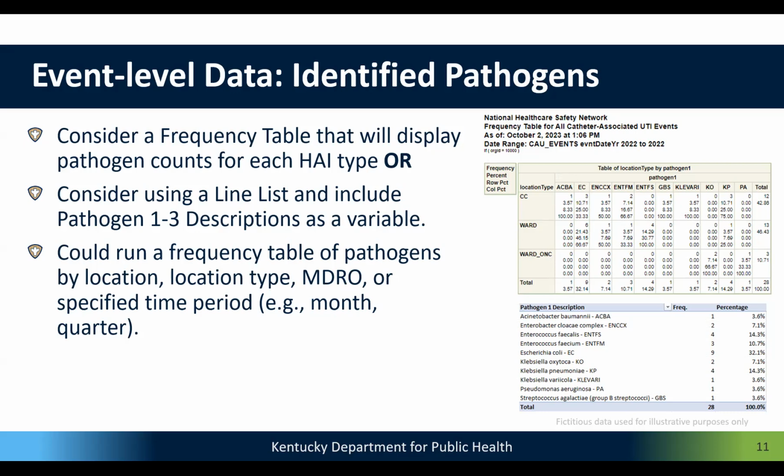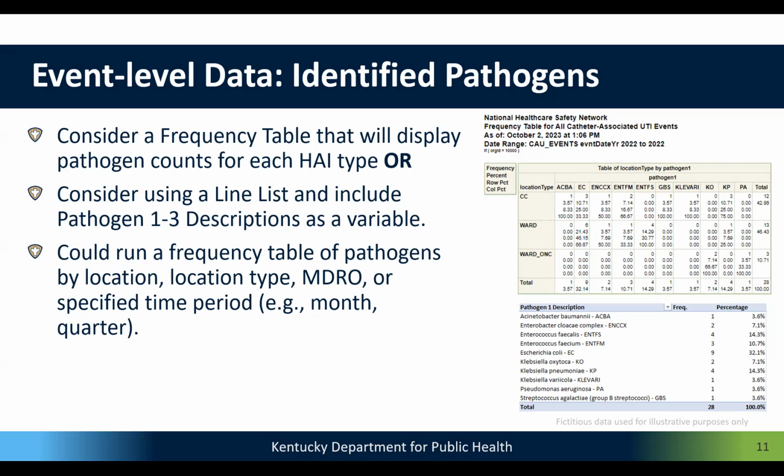To gain deeper insights, consider running frequency tables of pathogens by different dimensions. You can break down the data by location type, such as the ICU or ward locations. You can consider those that were considered multi-drug resistant organisms, or a specified time period, such as monthly or quarterly.